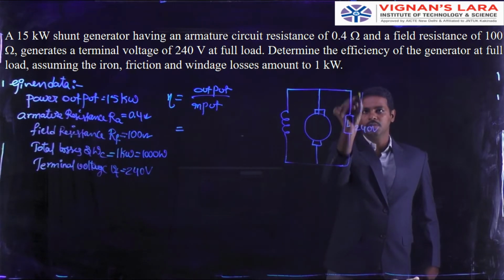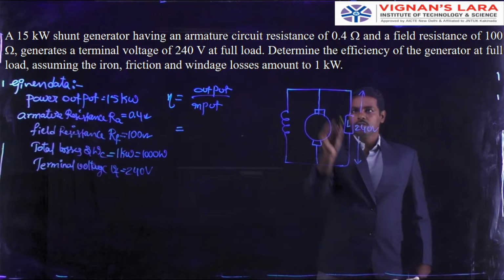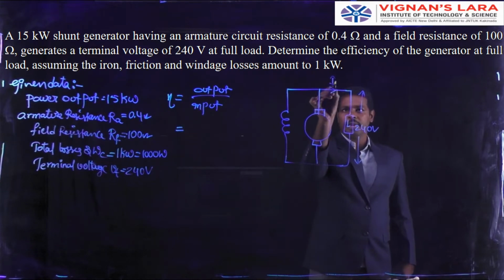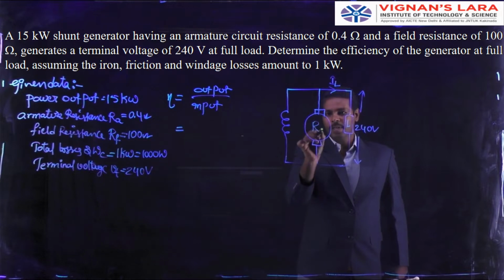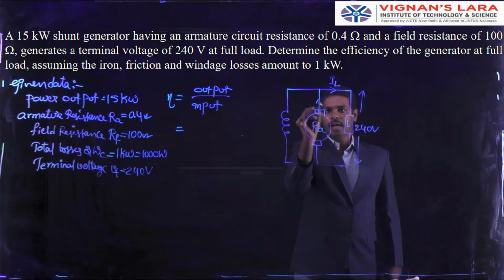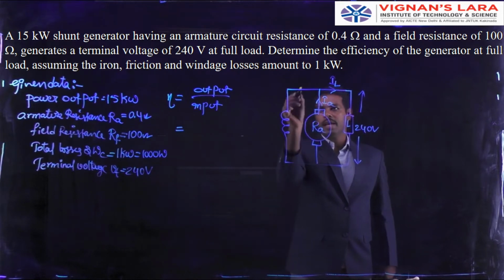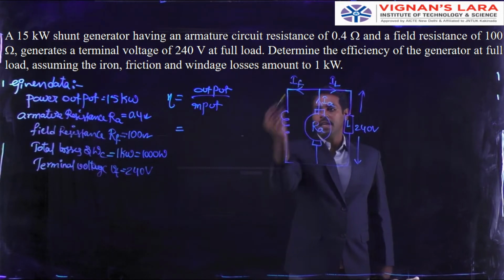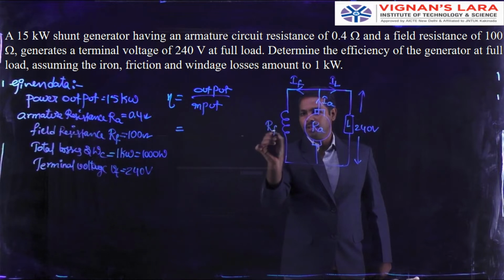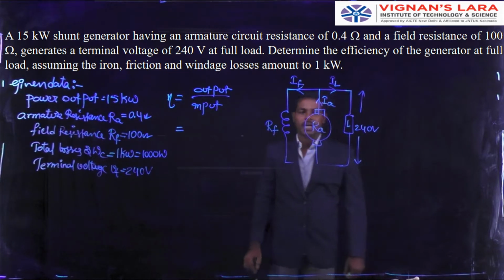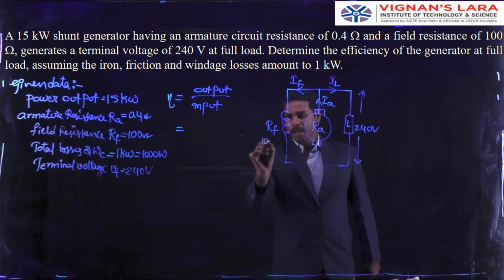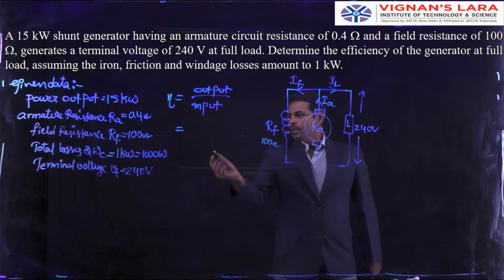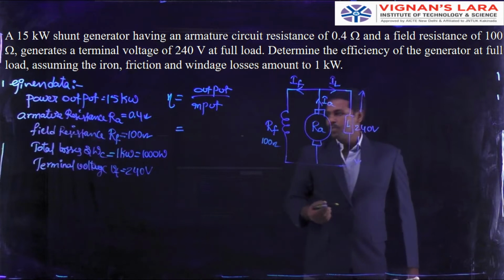The load current is denoted by IL, the armature resistance RA, the armature current IA, and the field current IF. The resistance of the field winding is denoted by RF, which we already know is 100 ohms, and VT is 240 volts.